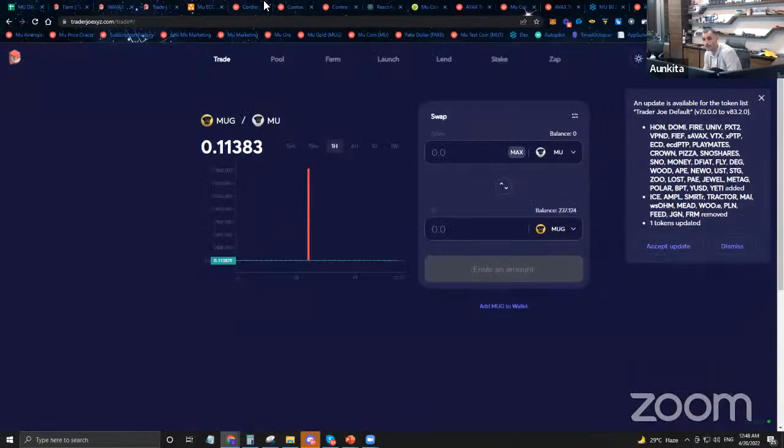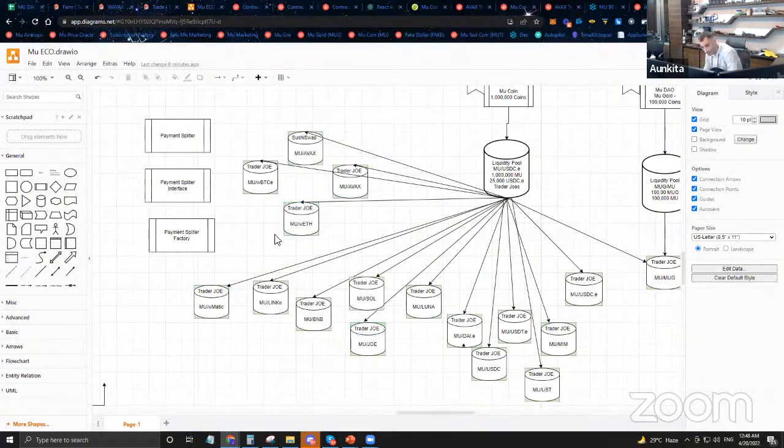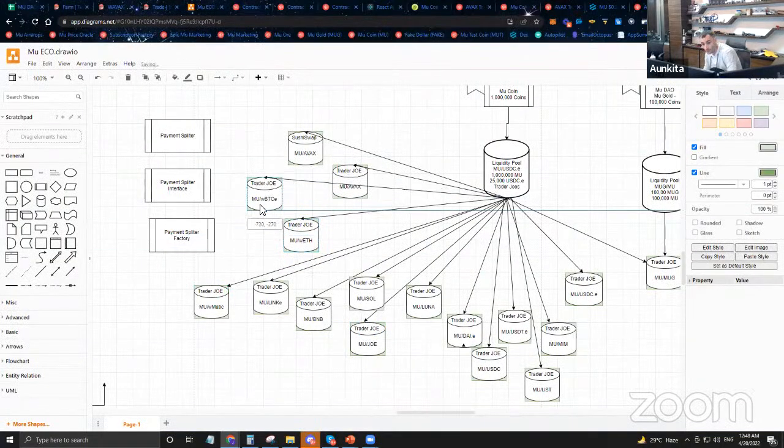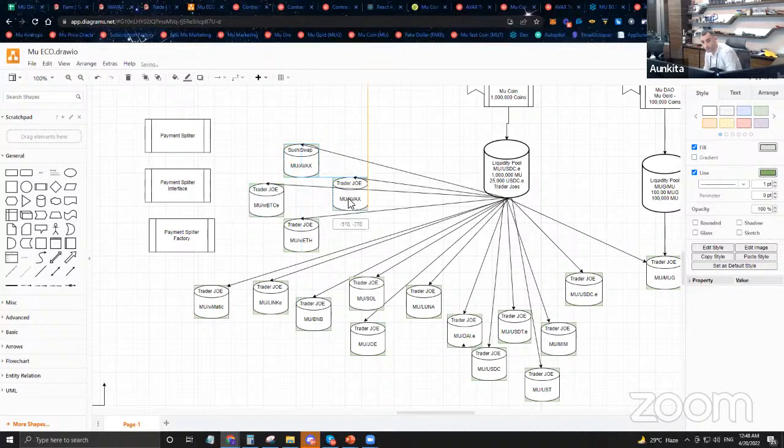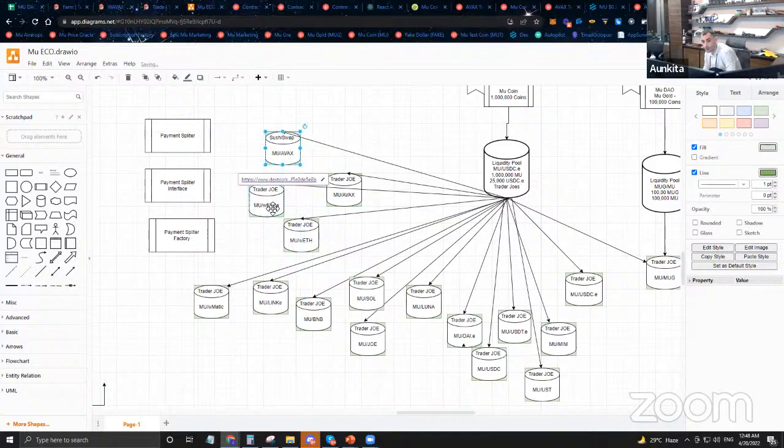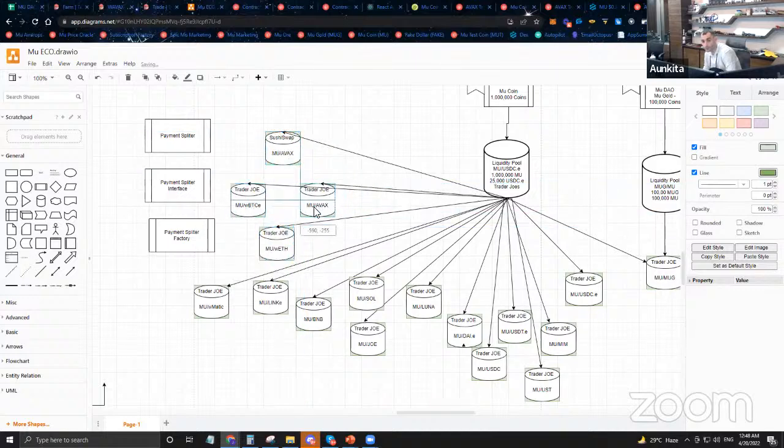So that's another way that this is actually set up to also generate income. Because there's also another income stream, because we're also getting rewards on all of these pools in here. So we're getting a fee on every trade that happens in any of these pools, in both assets in the pool.